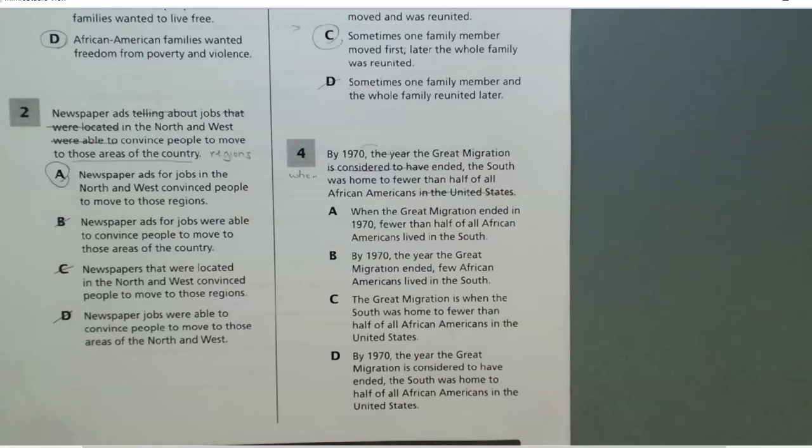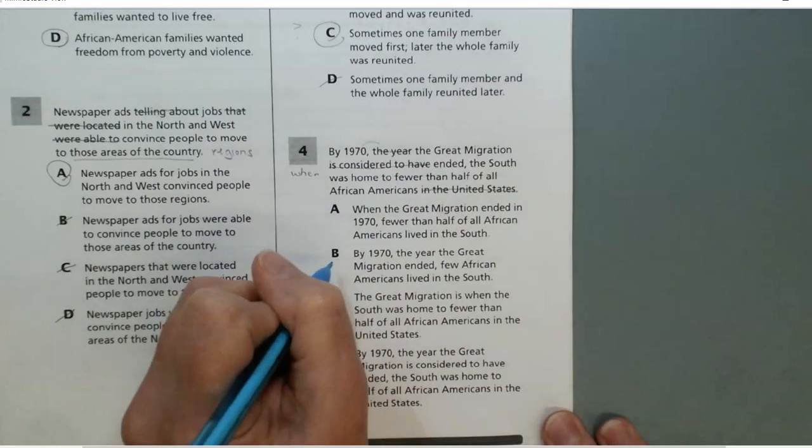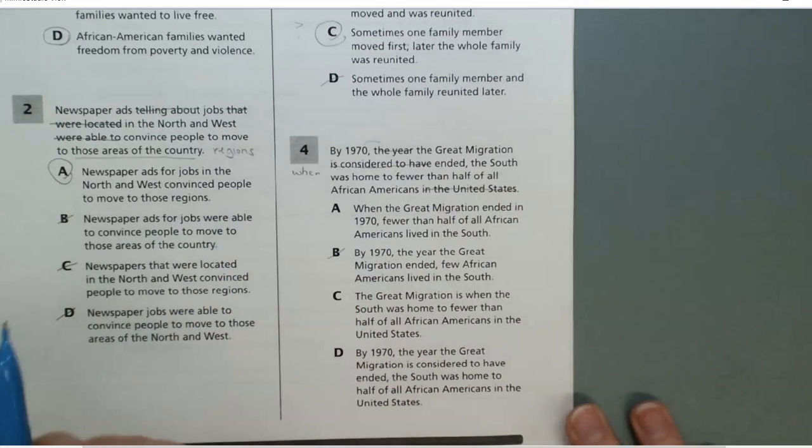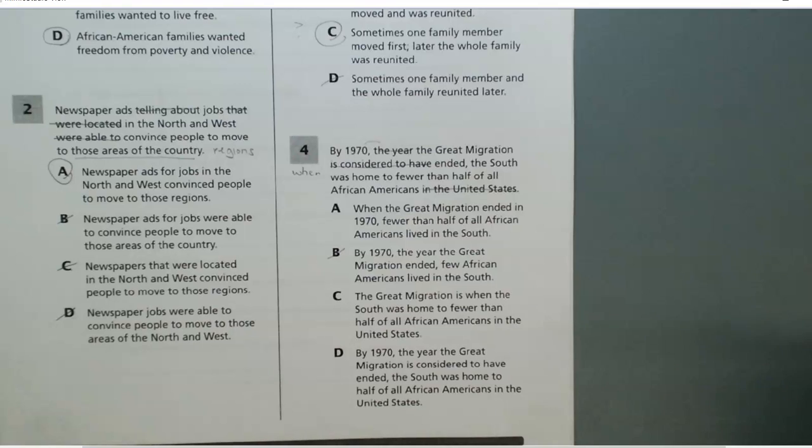So the B answer choice now says few African Americans. That changes the meaning of our sentence. Fewer than half and few are very different numbers, right? So I don't think we can use that. So not a choice.